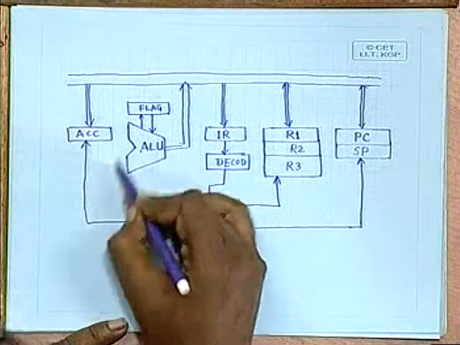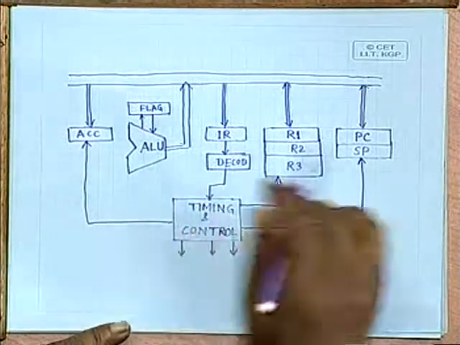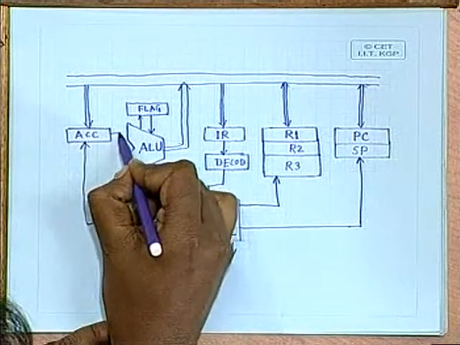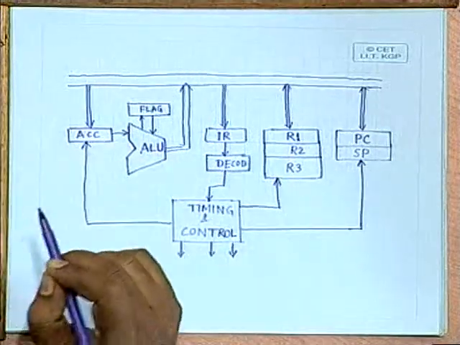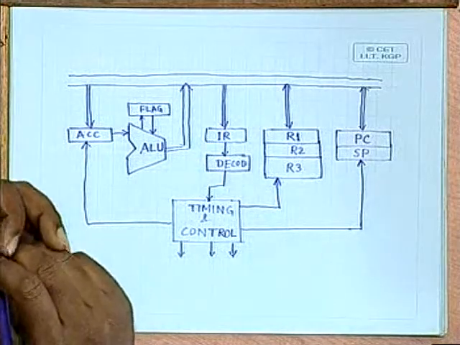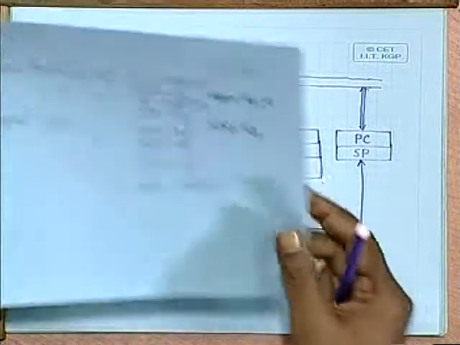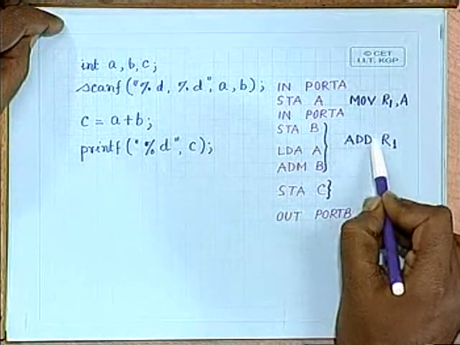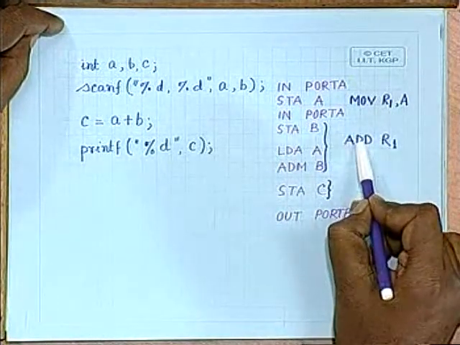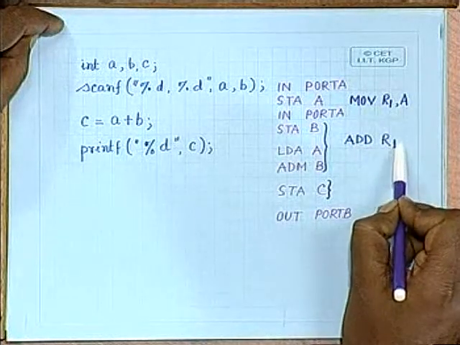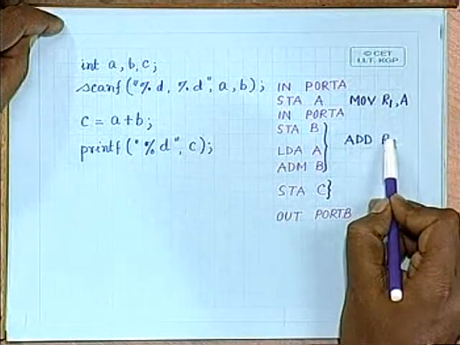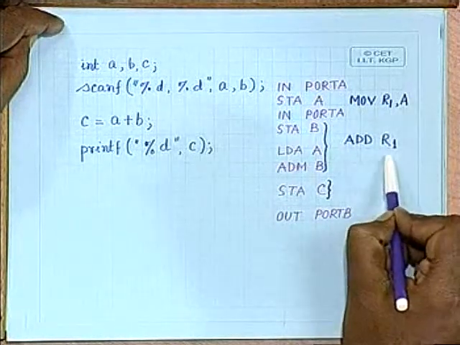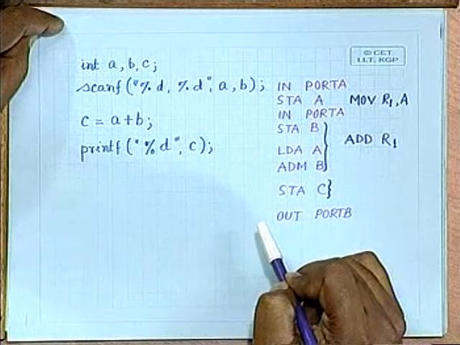Now, coming back to this ALU, the ALU for operation in most of the cases needs two inputs. So, one of the inputs to the ALU comes from the accumulator, and the other input to the ALU, say for example, coming to this particular operation add R1, where one of the operands is already in the accumulator and the other operand is available in register R1. So, from register R1, I have to bring the data to some location, so that from there it is fed to the ALU.